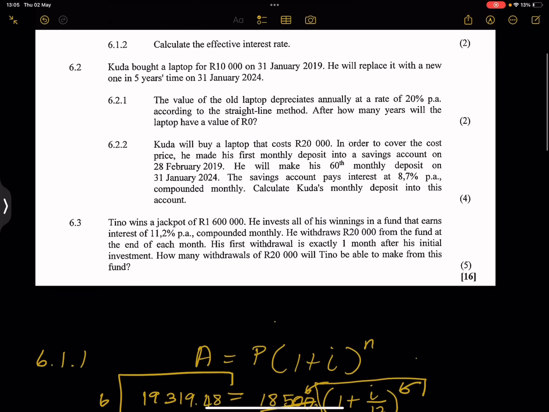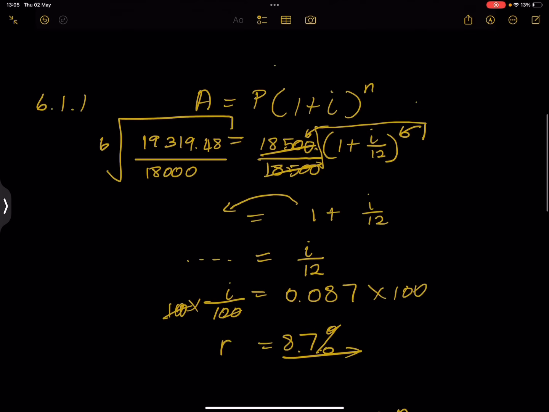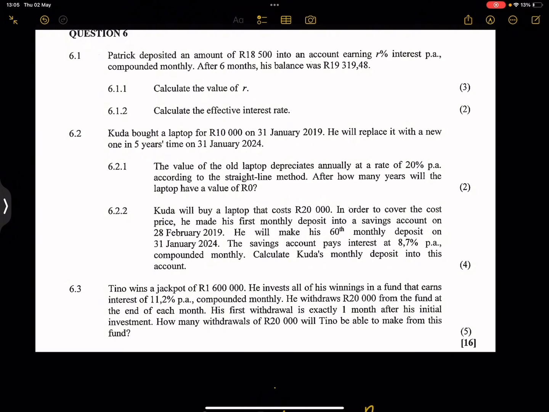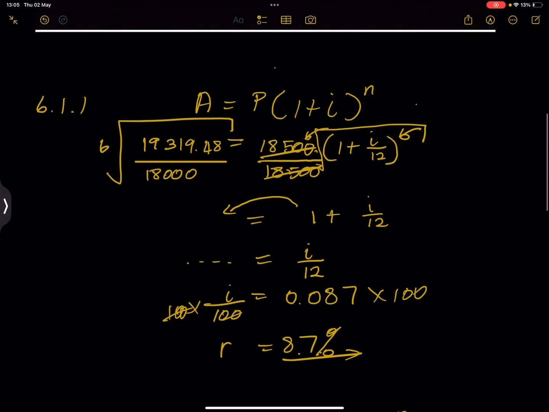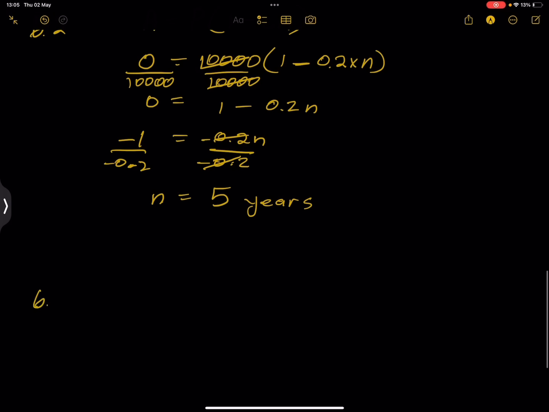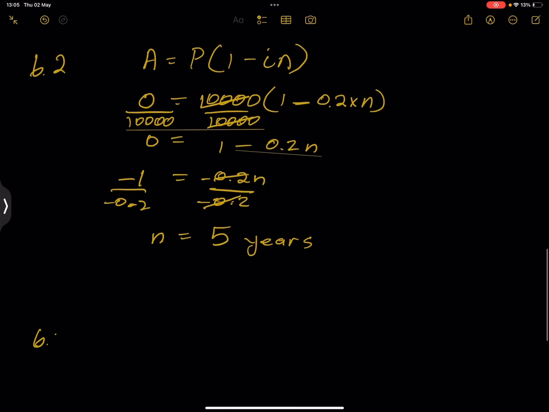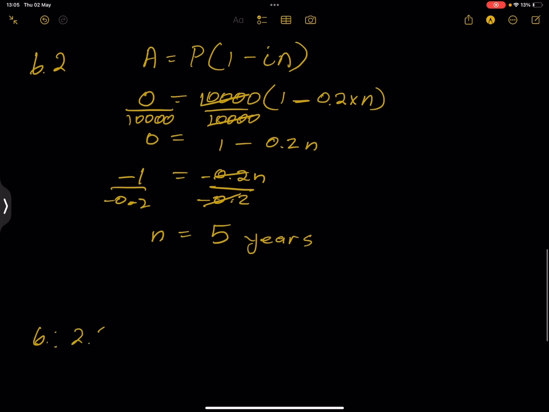So now, what are we going to do? We're going to say, well, look, in this case, we are looking for a future value of 20,000 rands. We want to find out how much he must deposit. So what is our future value formula? This is 6.2.2.